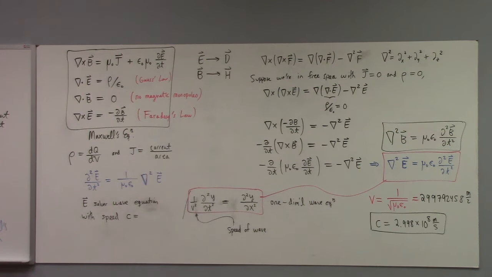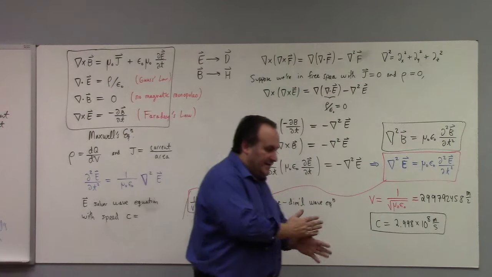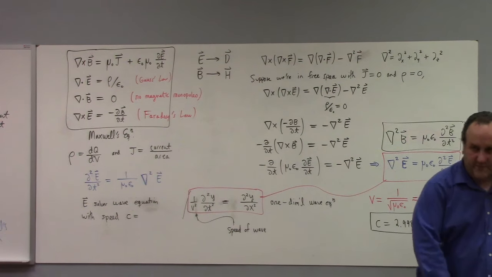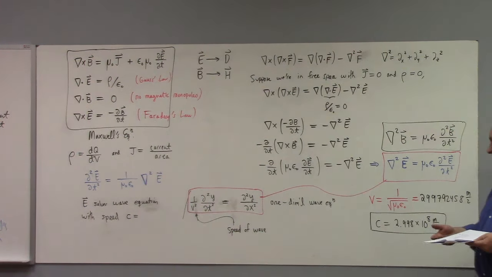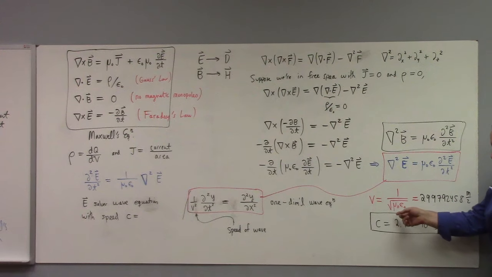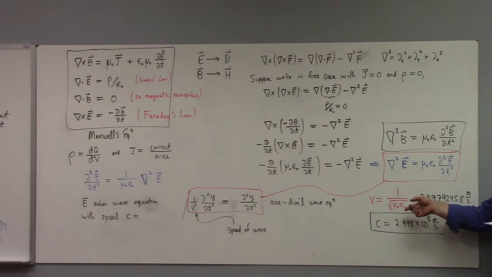So it's a mathematical consequence of Maxwell's equations that light is an electromagnetic wave that travels at a speed governed by the permeability and the permittivity of space itself, right?